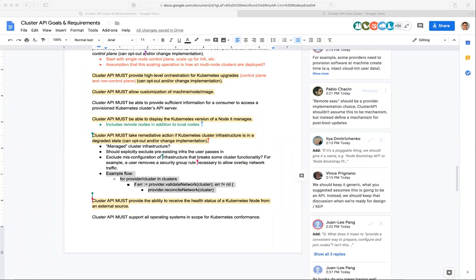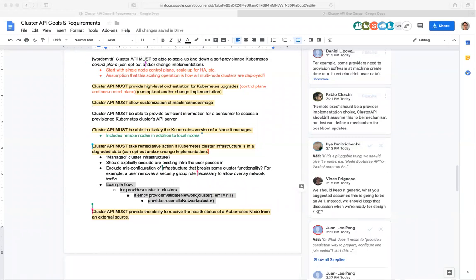Is there a particular way to scope this such that it's just applying to the nodes? It seems like we're talking about the sort of cluster resources, but the line item here is specifically about replacing a node in an unhealthy state.